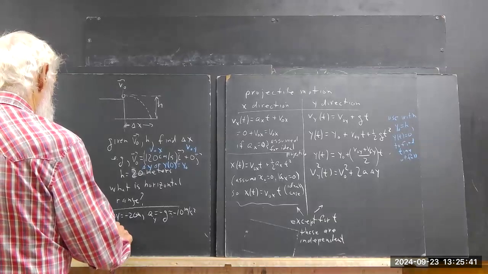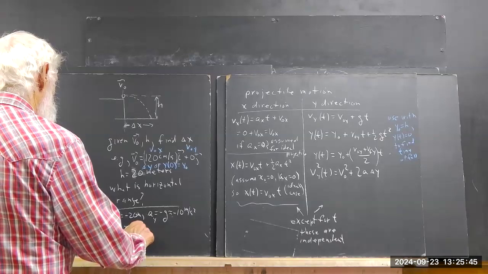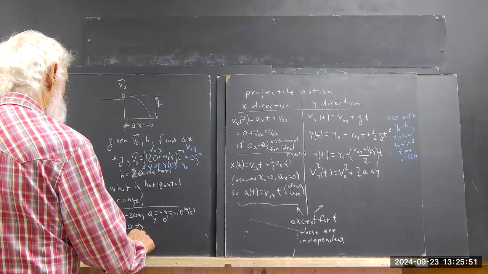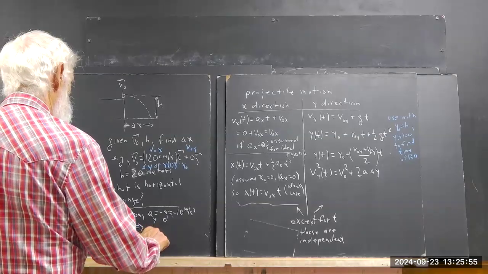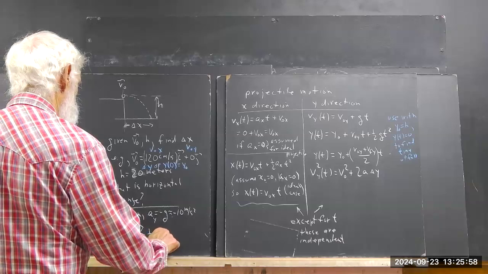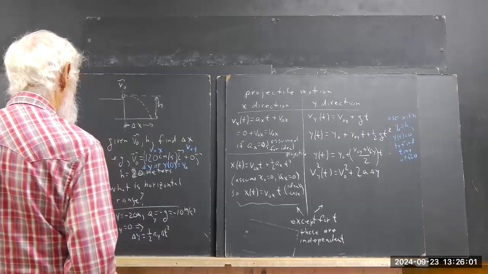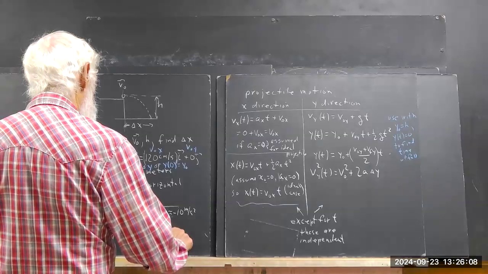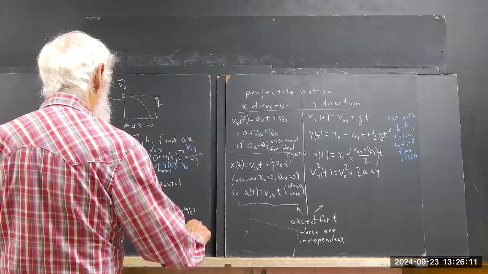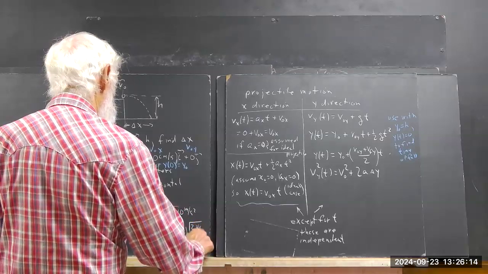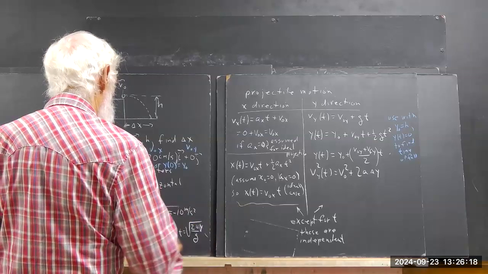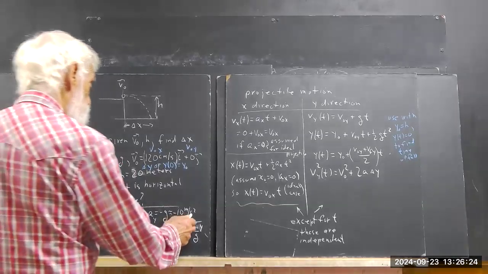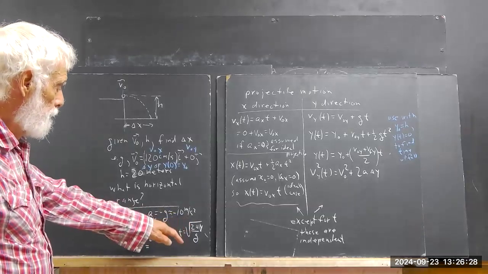Delta t equals the square root of 2 delta Y over G, which in this case, I believe is 2 seconds, because delta Y is negative 20 meters.